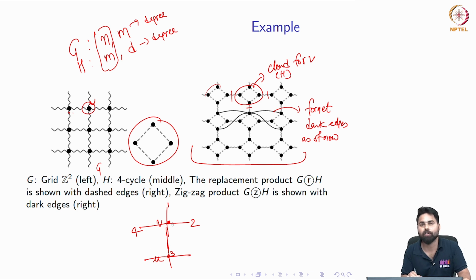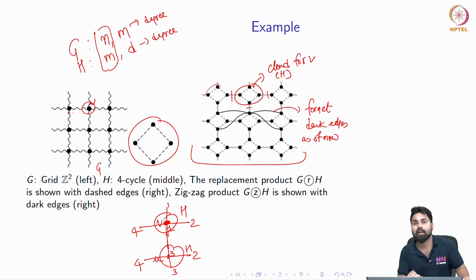Similarly, there is an ordering of neighbors of U, 1, 2, 3 and 4. You see that V is the first adjacent neighbor of U, but U is the third adjacent neighbor of V. After replacement, there will be a copy of H here and a copy of H there, because the degree here is the same as the number of vertices in H.